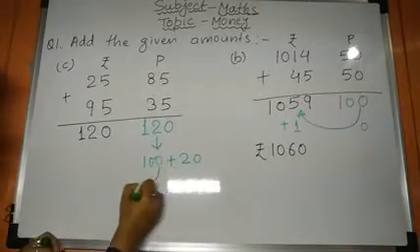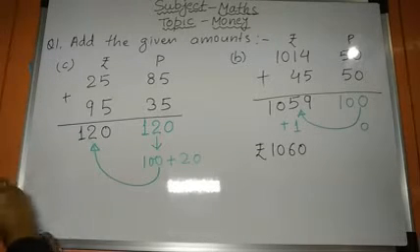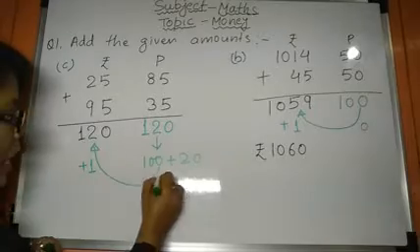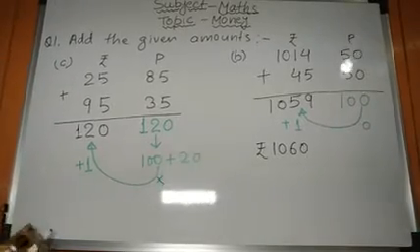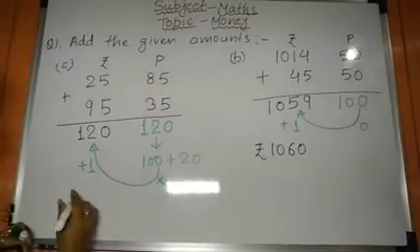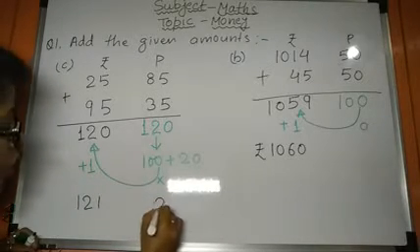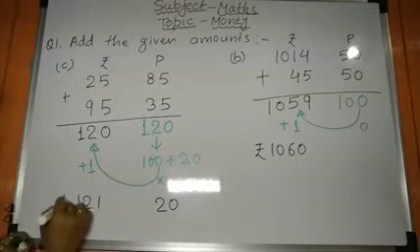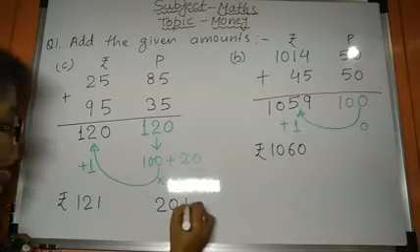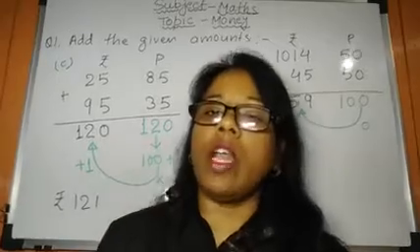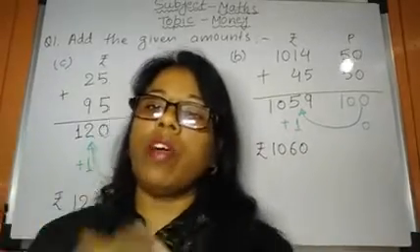This 100 paise we will give to rupees, so it will be plus 1 here, and this side it will be cancelled. So what is the result now? 121 rupees and 20 paise. By this way you can solve the addition sum of money.